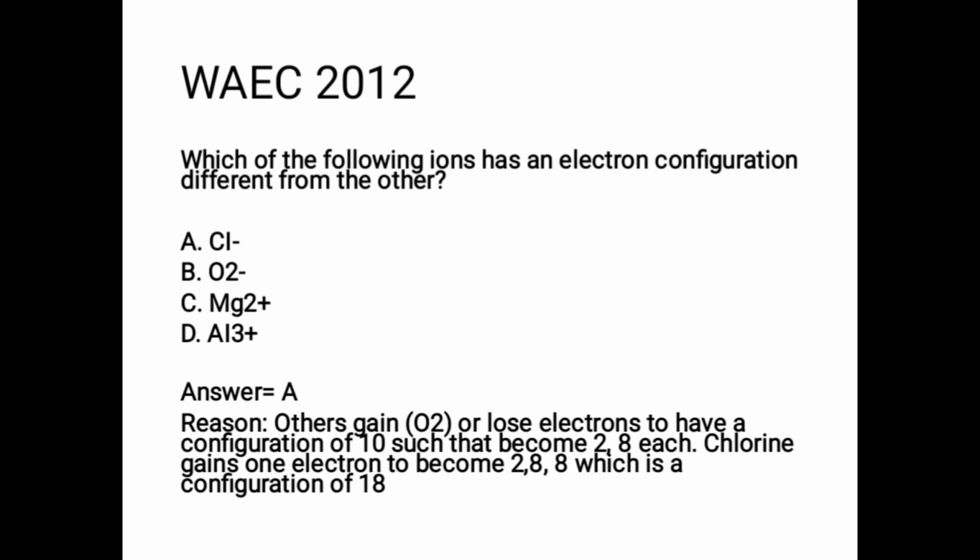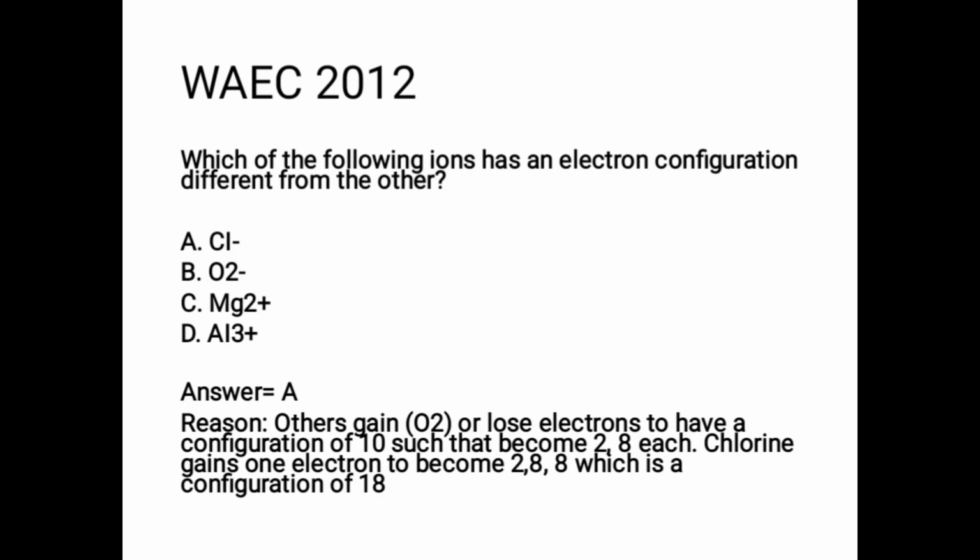Or we can put it as 18. It was supposed to be 17, because at ground state, before it becomes an ion, the proton is 17, the electron is 17. Immediately it gains one electron, the proton is still 17 and the electron is now 18. And if you divide that, you have 2,8,8. For oxygen, it is gaining 2 more electrons. That means instead of becoming 8, it is now 10.